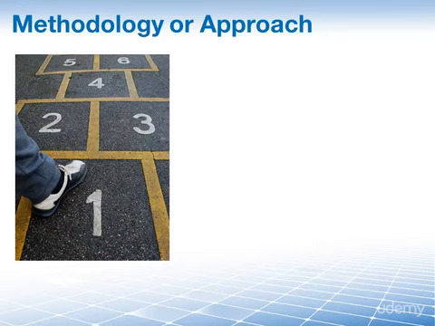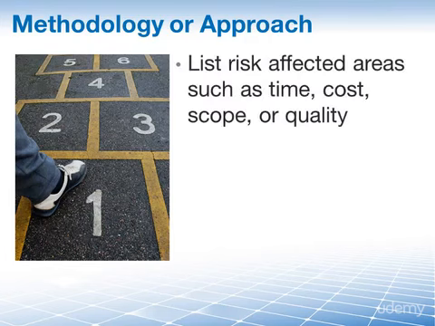That's important, but how do we then actually use these levels? How do we accomplish the application of probability and impact on our project? What methodology or approach should we employ to establish our definitions? Okay. As a first step, let's compile a list of risk-affected objectives such as time, cost, scope, or quality.